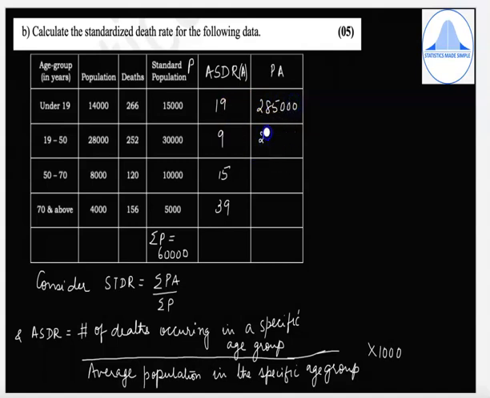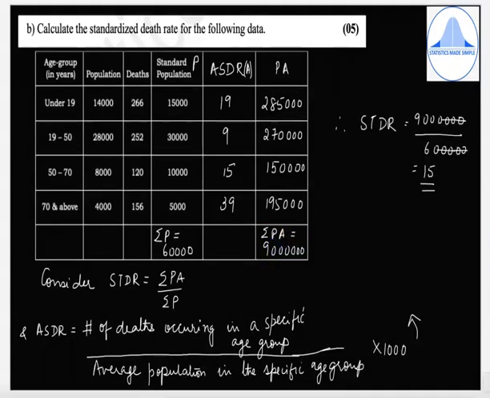Then you have 2,70,000, 1,50,000 and 1,95,000. Then calculate summation PA, which adds up to 90. So we get STDR is equal to 90 lakhs divided by 6 lakhs. So on simplification, we get STDR is equal to 15.